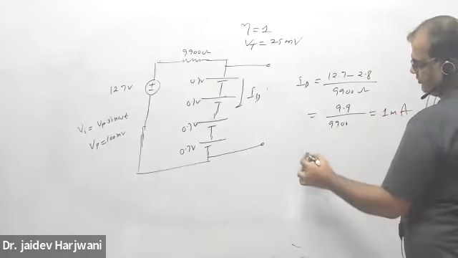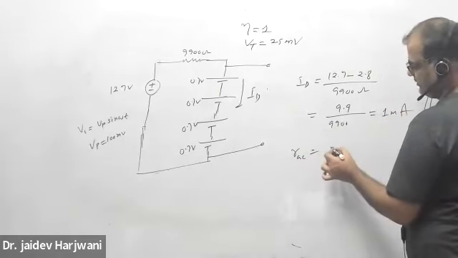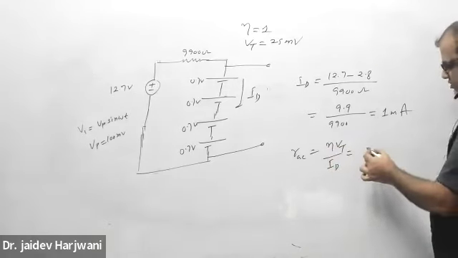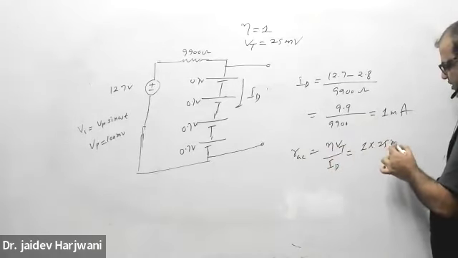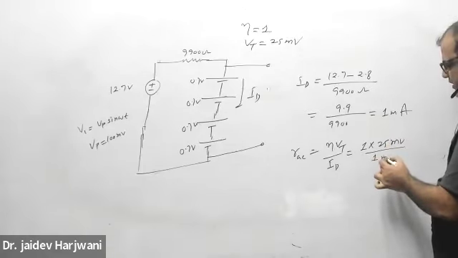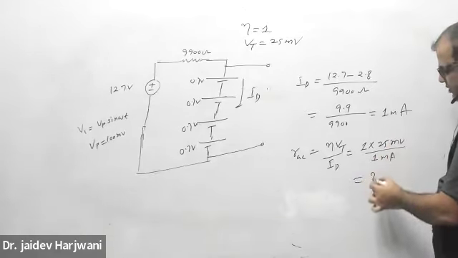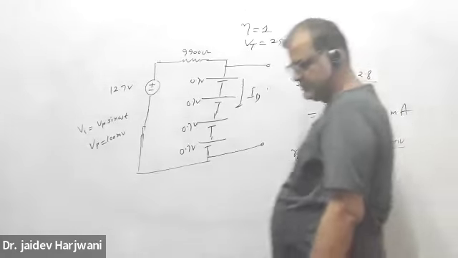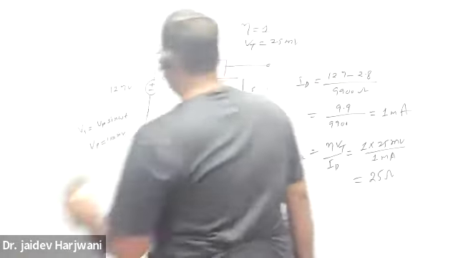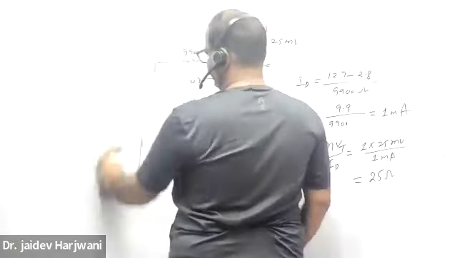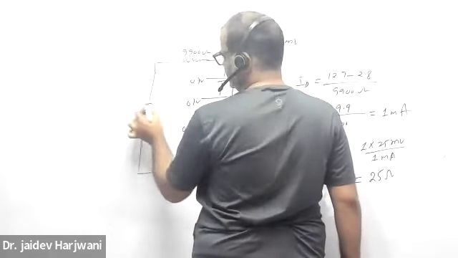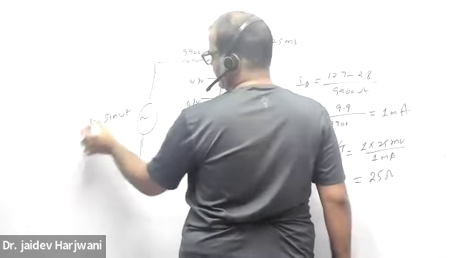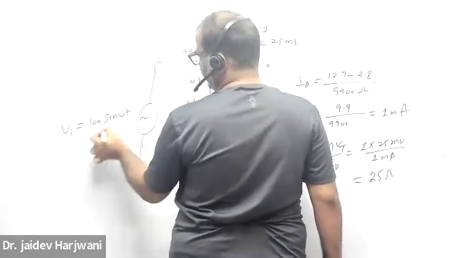Okay, now you can find the rac. rac will be eta VT upon ID. Eta is 1, VT is 25 millivolt, ID is 1 milliampere. So this will come 25 ohm. Now you remove this one and put a source of 100 sine omega t, 100 millivolt.